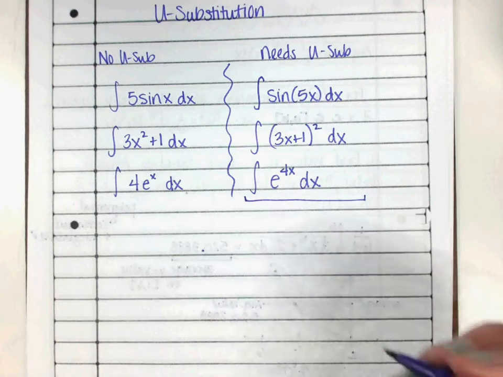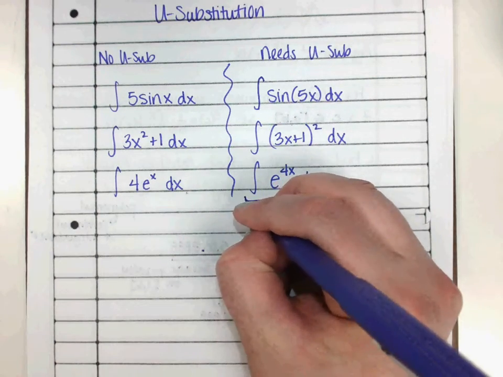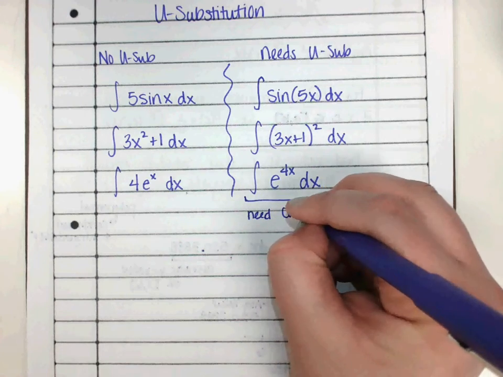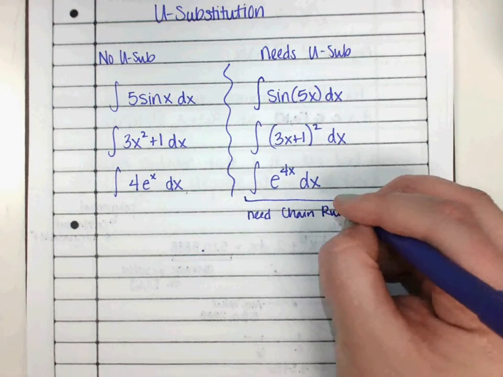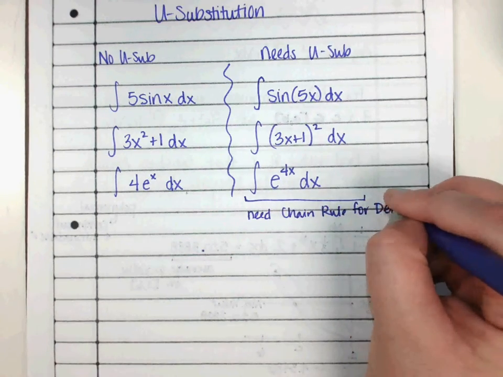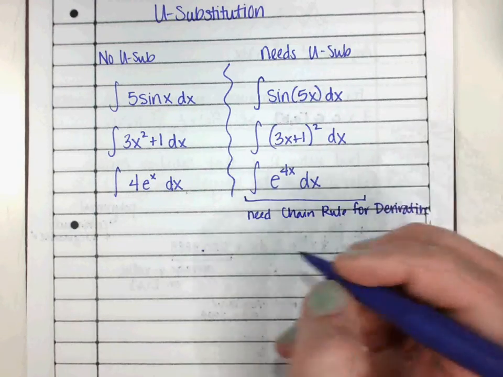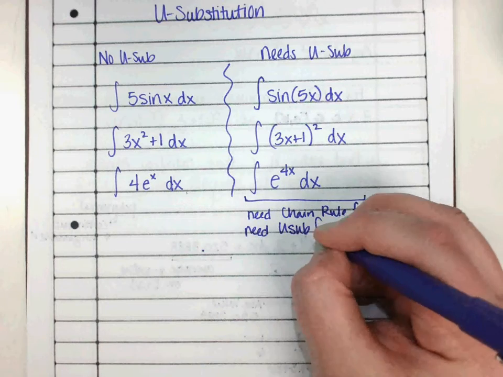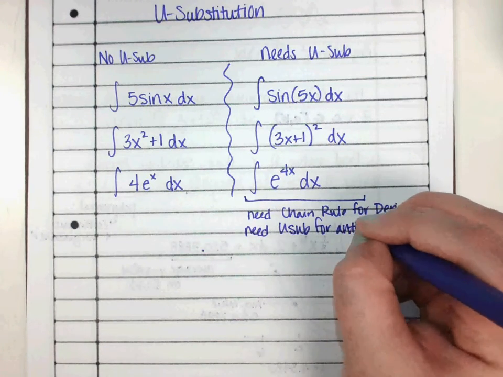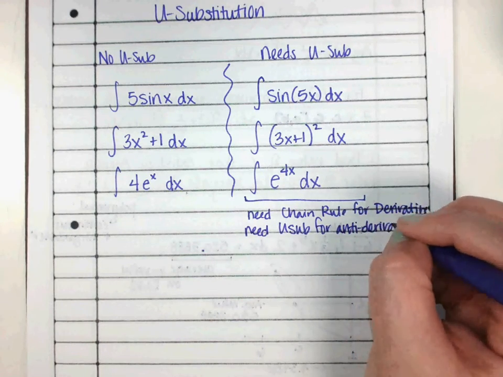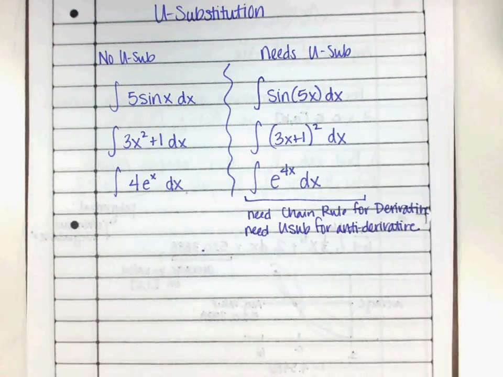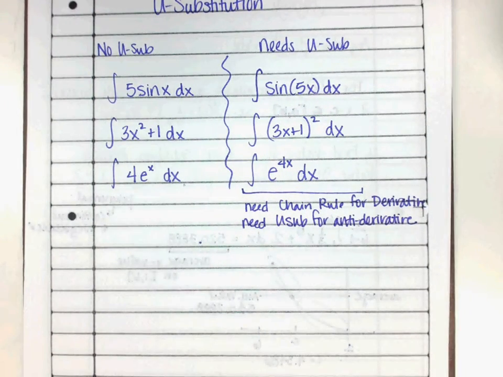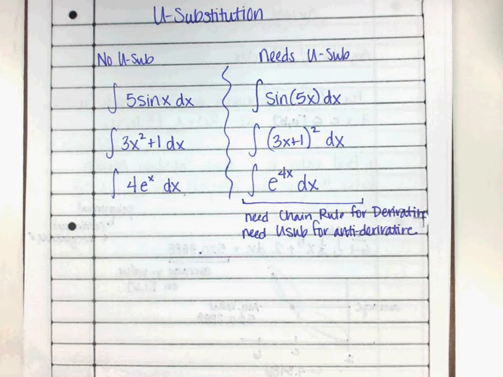So I'm going to put here, these need chain rule for the derivative, and they need u sub for the antiderivative. Okay, so what you should know is that u substitution is the chain rule of integrals.